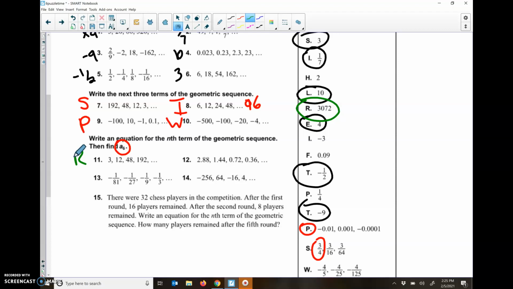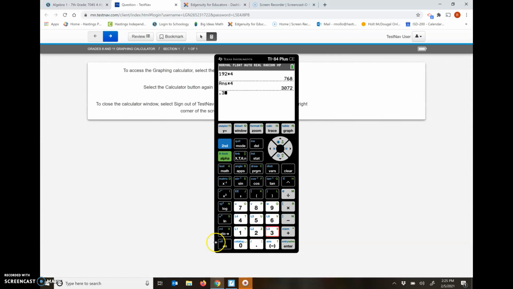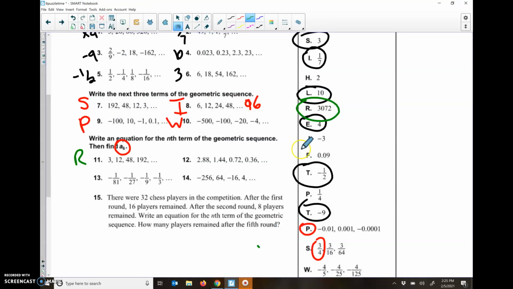And over here, it looks like it's getting cut in half, so we're multiplying by a half, 2.88, 1.44, 0.72, 0.36. So that means 0.36 times a half, and then times a half again, we get 0.09, which is letter F there. Okay, here it looks like we're getting a little bit bigger here.